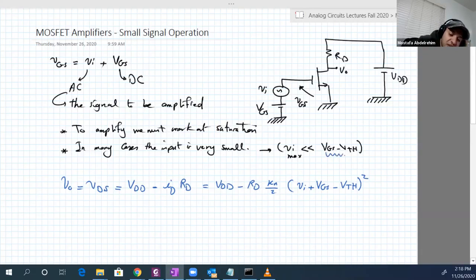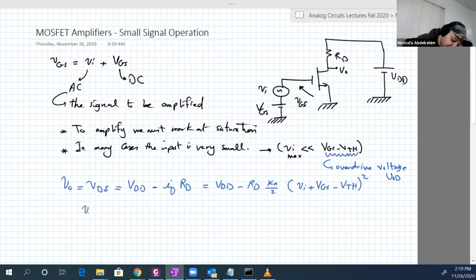Usually we call the voltage VGS minus V threshold the overdrive voltage. But don't worry about the names. I will just replace VGS minus V threshold with V overdrive to make our symbols less messy.